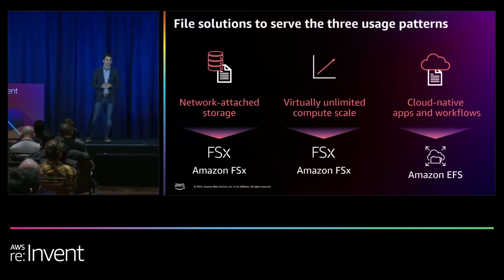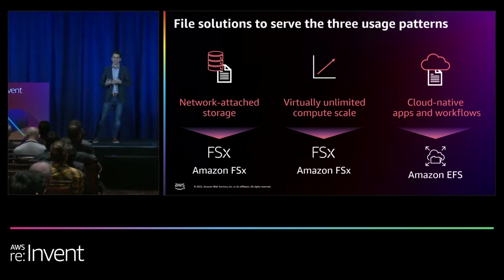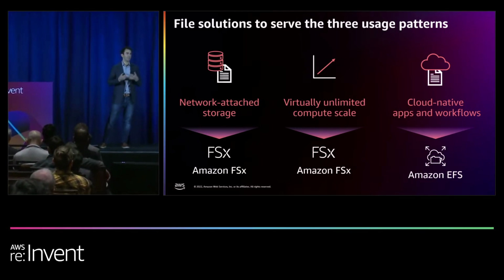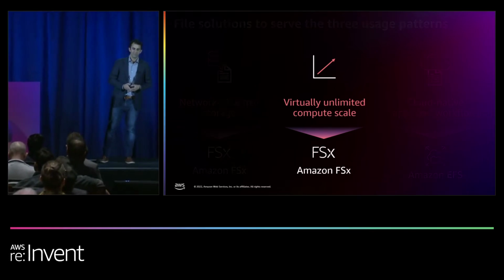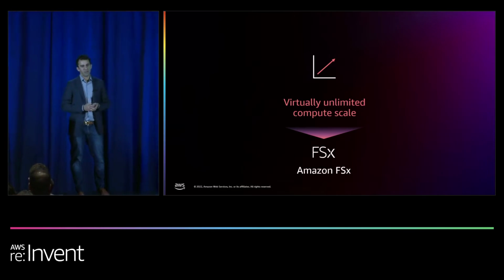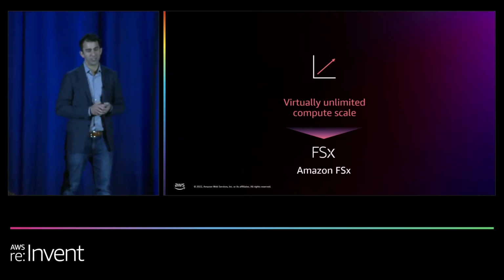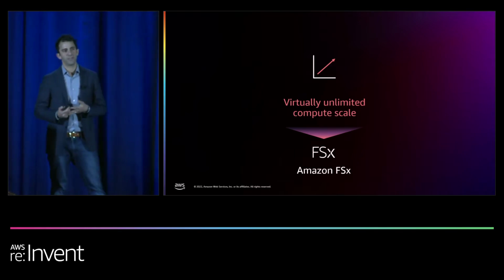And Amazon EFS, which is our serverless, fully elastic file storage offering, which we designed for builders. In this session, we're going to focus on the second usage pattern. For running workloads with virtually unlimited compute scale, we're going to talk about how Amazon FSx delivers on that front and how it works.